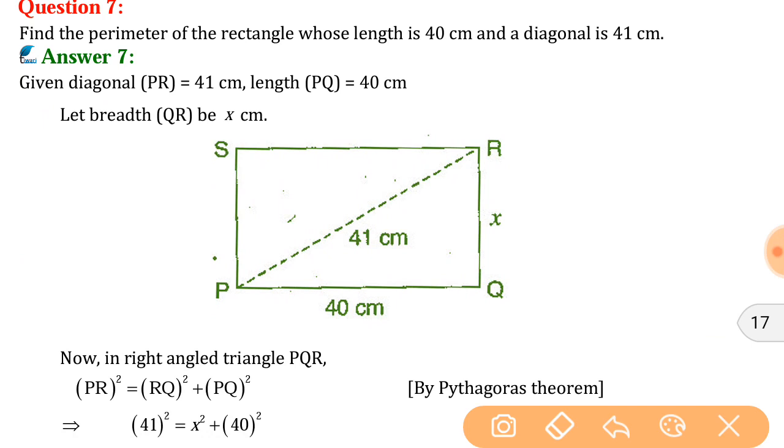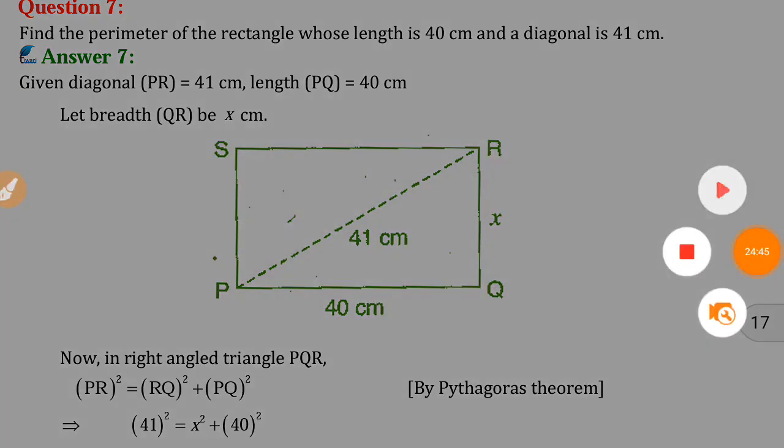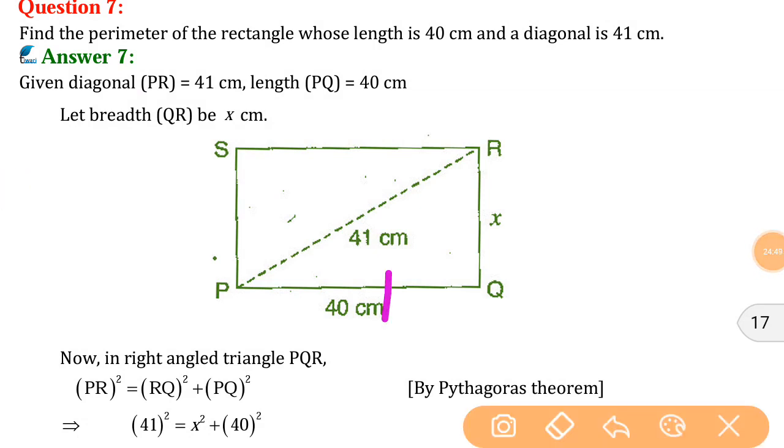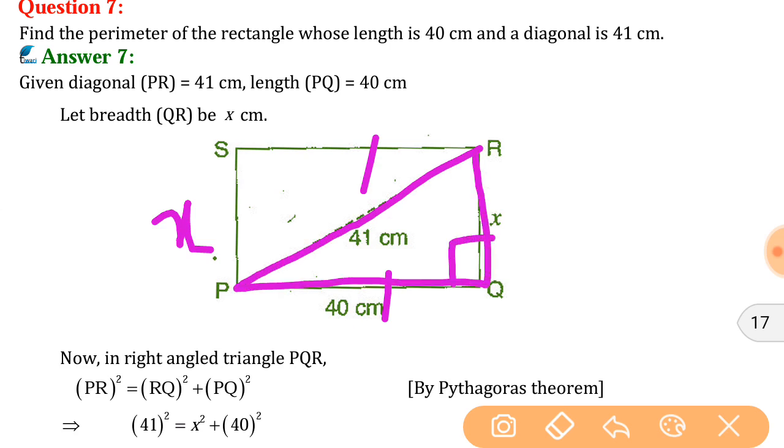centimeter. See, perimeter means sum of all the sides of the given diagram. So if you want to find that, this 40 centimeter means this is also 40 centimeter. This is x, means this is also x. So first find the x value by using this is a right angle, because the triangle creates a 90 degree.